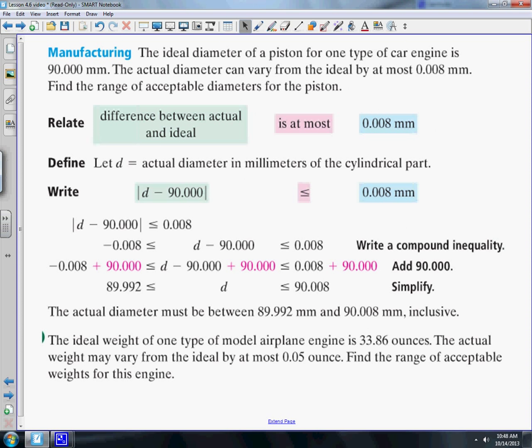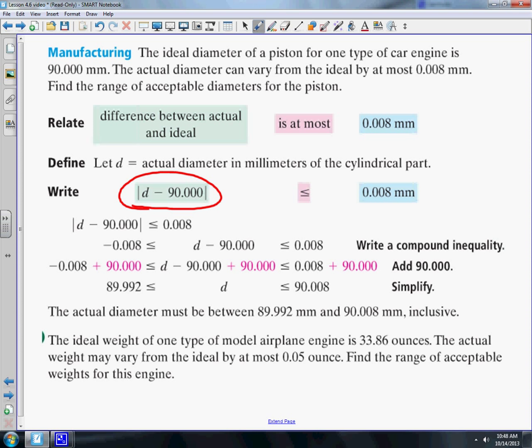All right, lastly, we have the ideal diameter of a piston for one type of car engine is 90 millimeters. The actual diameter can vary by 0.008. Find the range of acceptable diameters for the pistons. So this looks kind of confusing, but what they did is they did an equation.